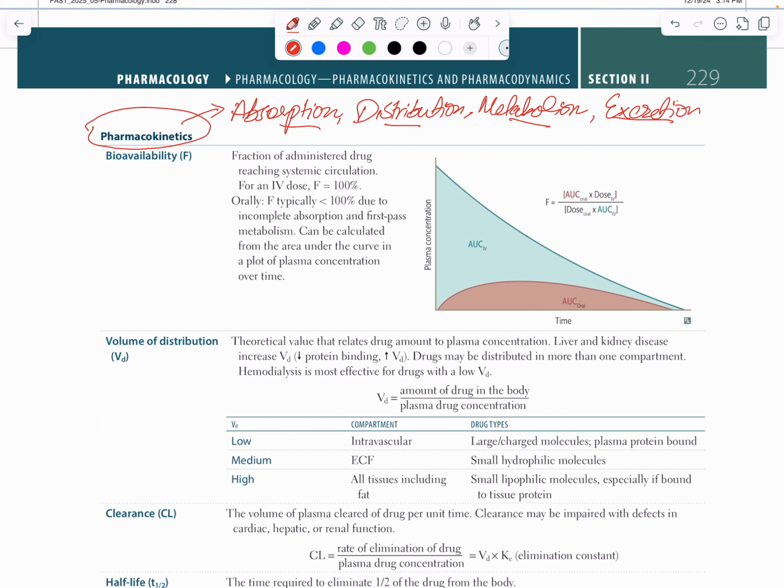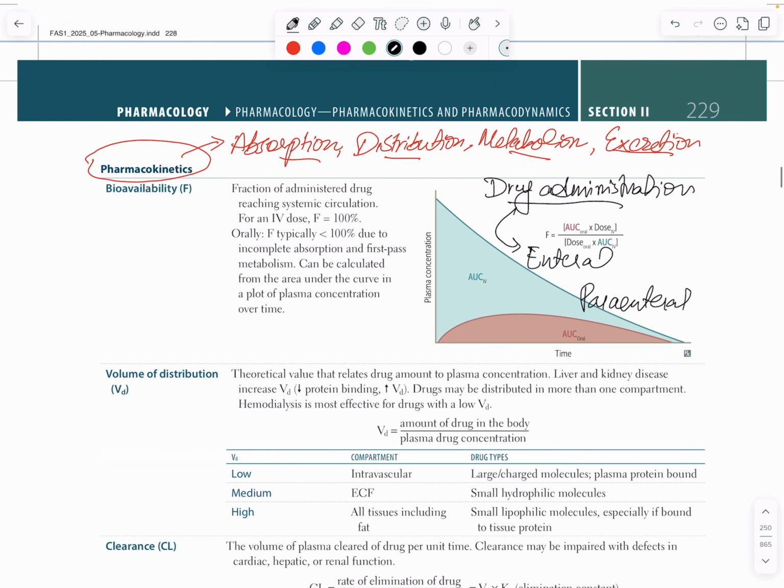But before we start bioavailability, first I want to discuss the routes and how the drug can be administered. The drug administration. Drugs can be administered by the enteral route, the parenteral route, and other routes.